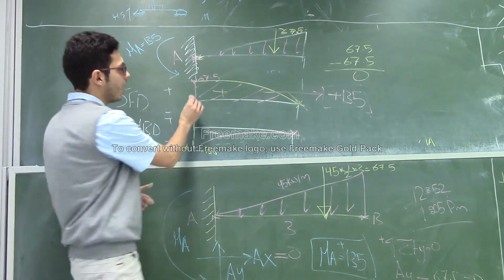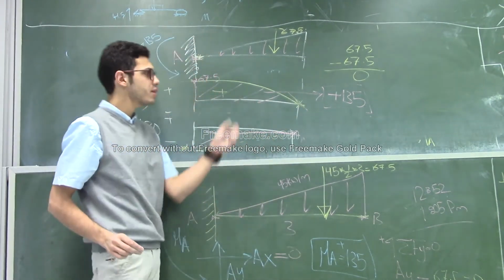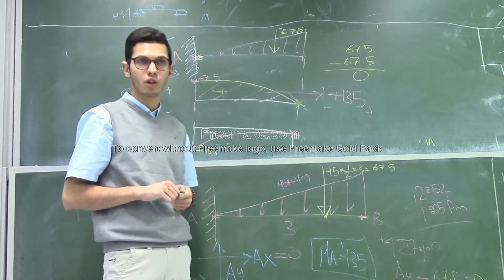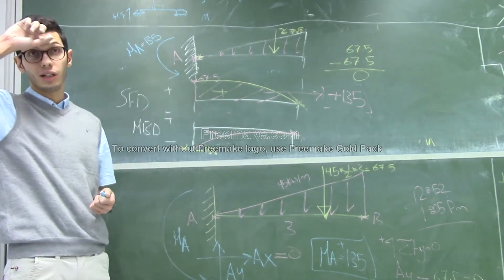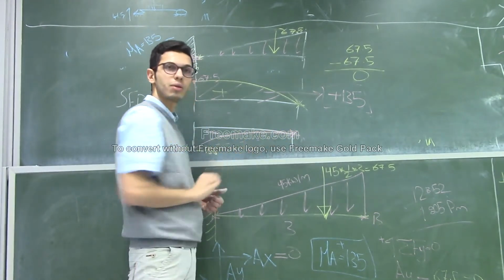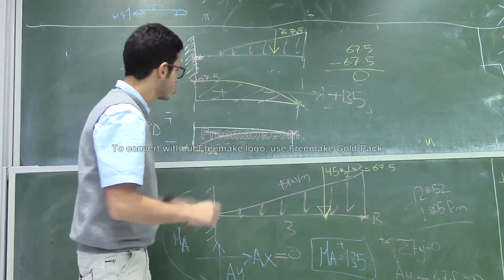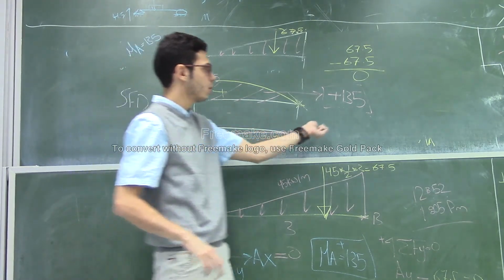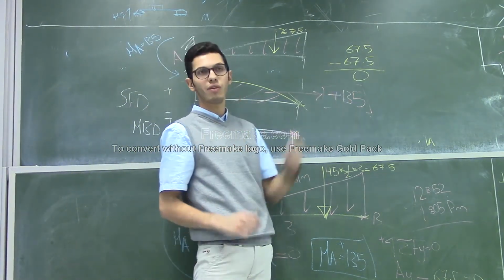Now, I have this area. This area is a parabolic curve, and you don't know how much the area of the parabolic curve is. But logically, I should end with 0, right? So this area should be positive 135. To get 0, you should have positive 135.